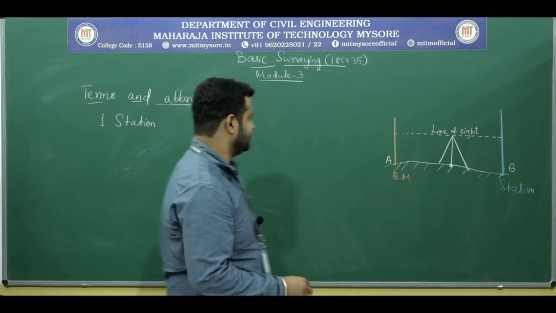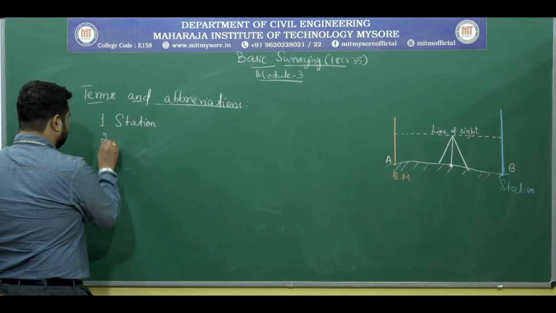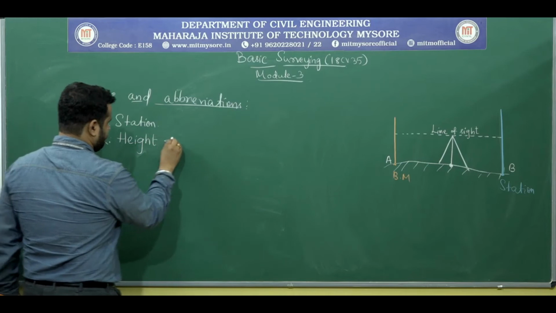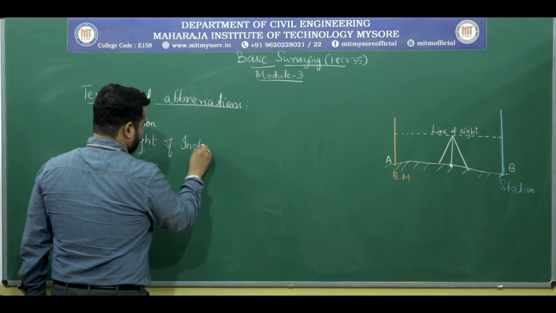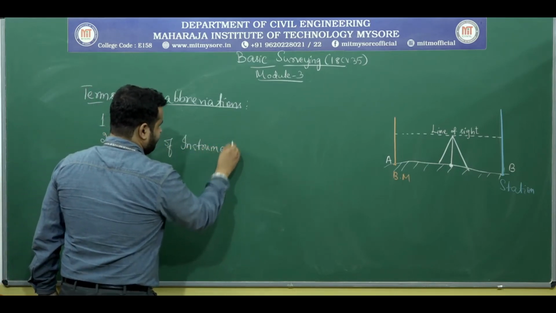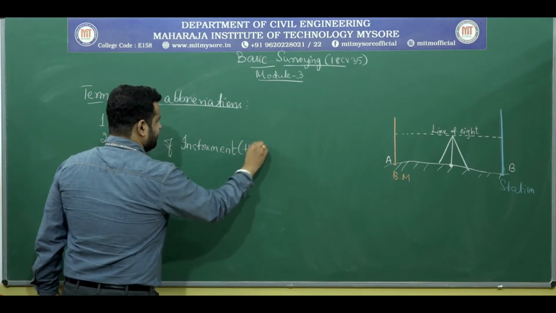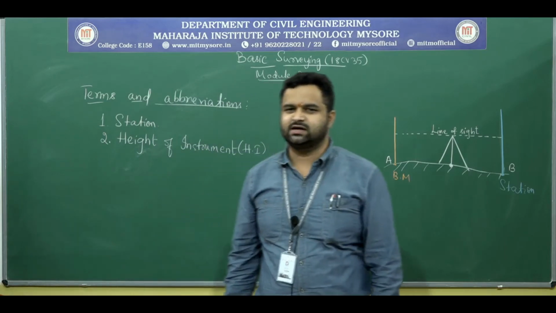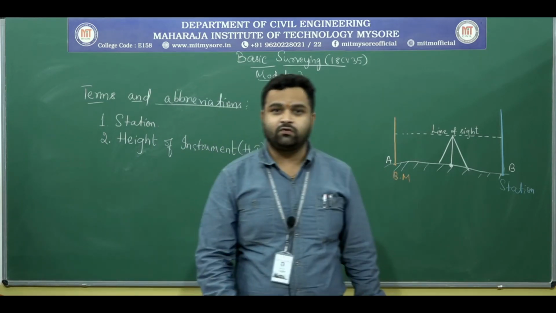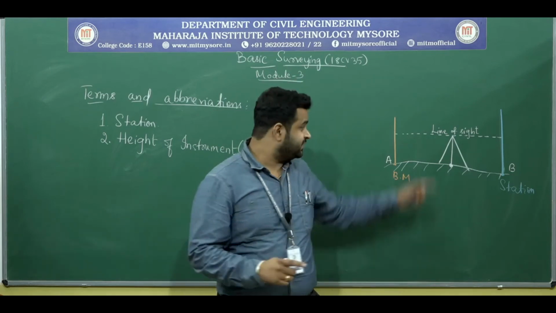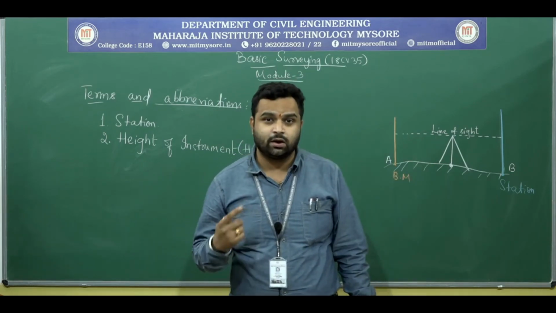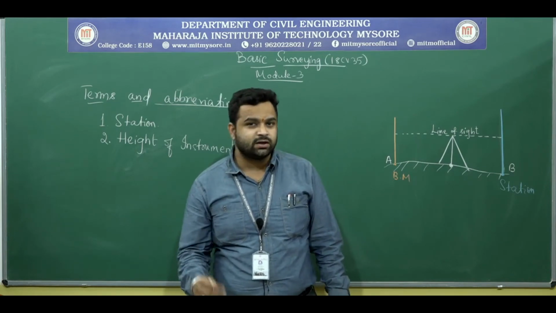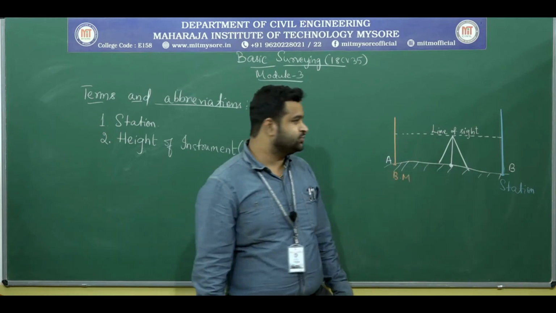We shall go to the next term, that is height of instrument, or we can also call it HI. What is height of instrument? For any setup of the level, the height of the instrument is the elevation of the plane of sight or the line of sight with respect to the assumed datum.